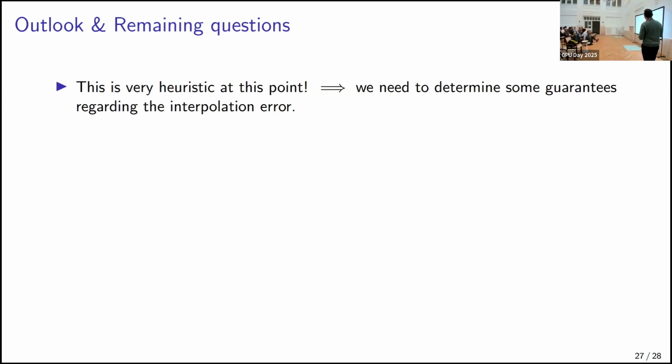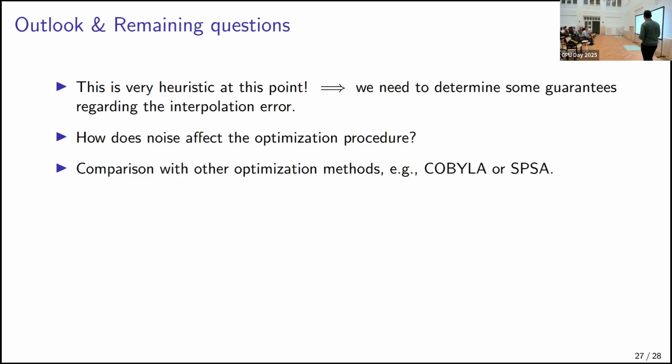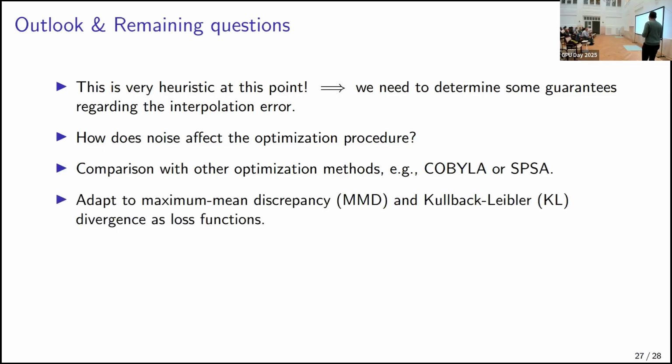Outlook. This is very heuristic at this point. I didn't work too much on it. We need to determine some guarantees regarding the interpolation error. I didn't check how noise affects the optimization procedure. I should also check it. I should compare with other optimization methods, for example, Fobila, SPSA.